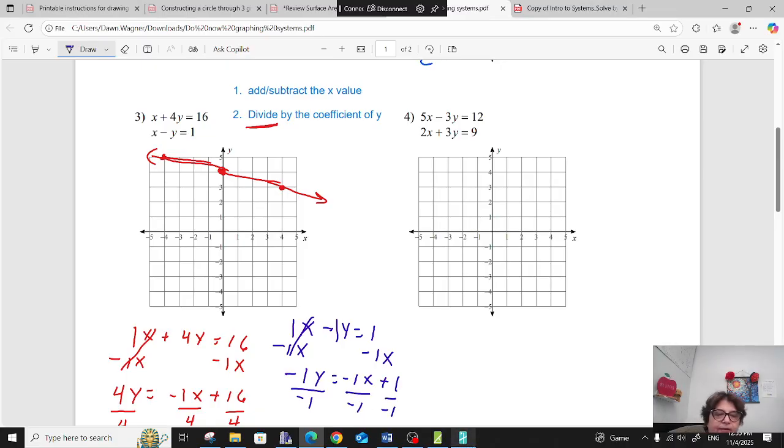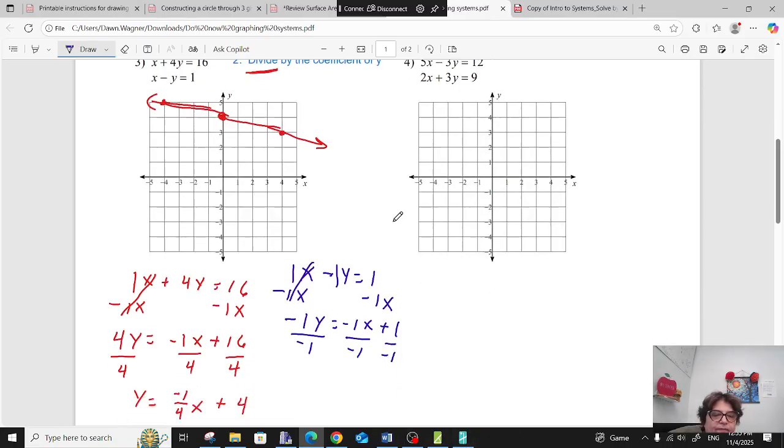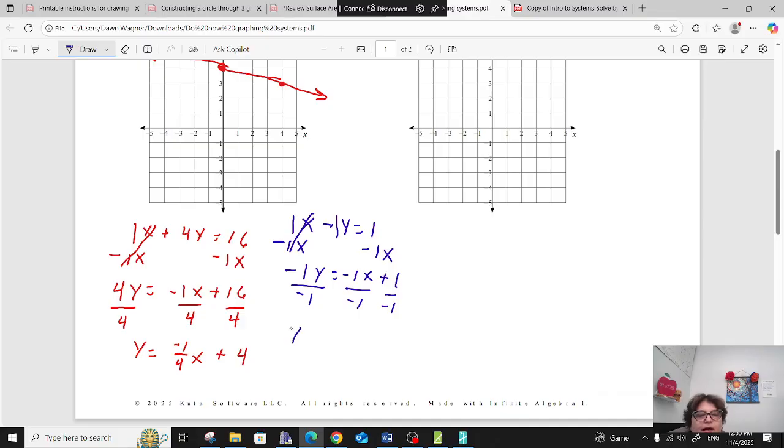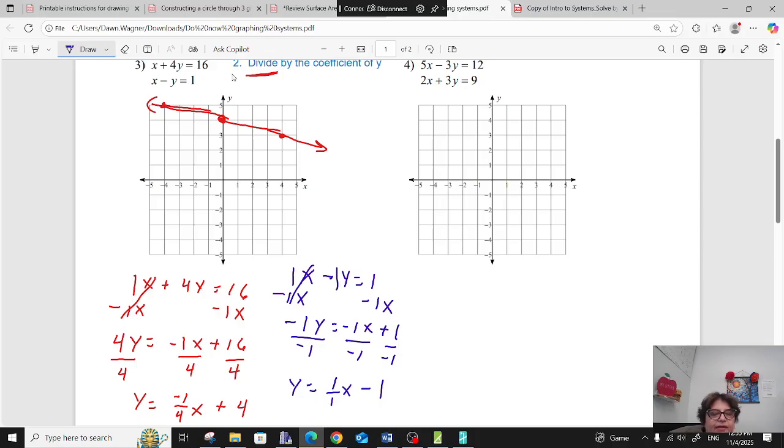And I get y equals negative over negative is positive, right? I'm just going to keep that as a fraction so I know my slope. And this will be negative 1. If you drop your negatives, you're going to mess the whole thing up, right?